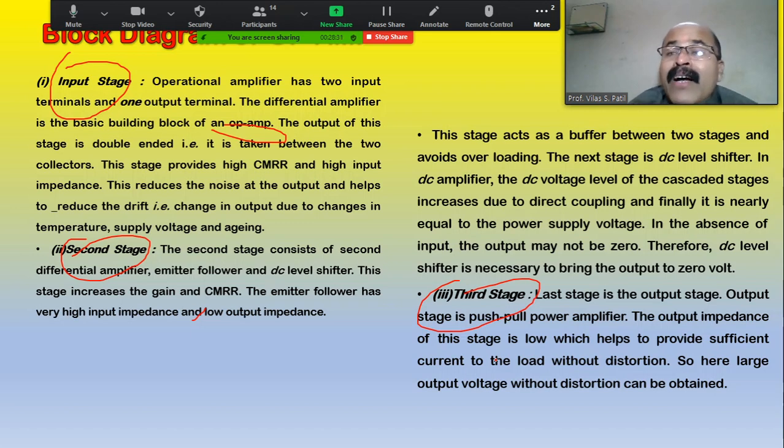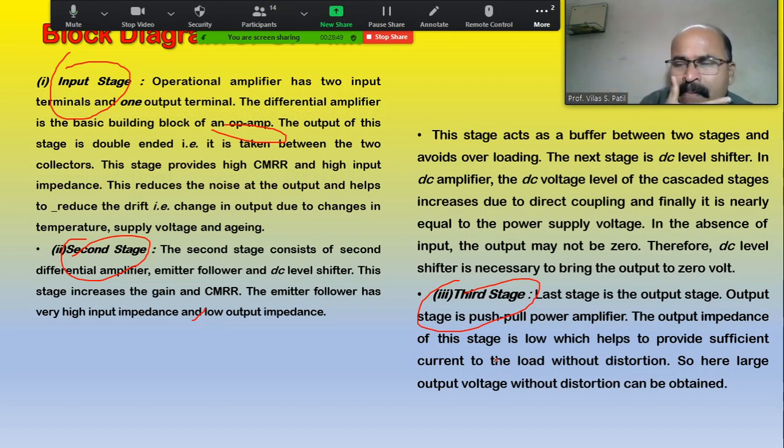It is the first stage, the initial stage of the differential amplifier, and the constant current source is with it, meaning the output of the constant current source is given to the differential amplifier.